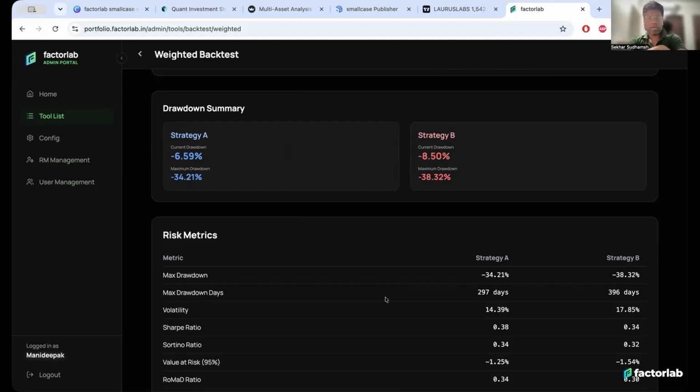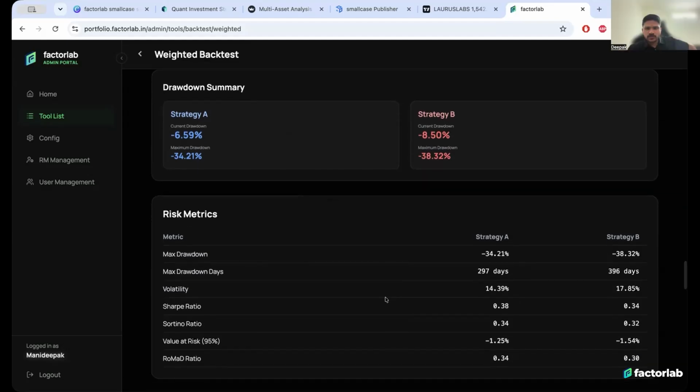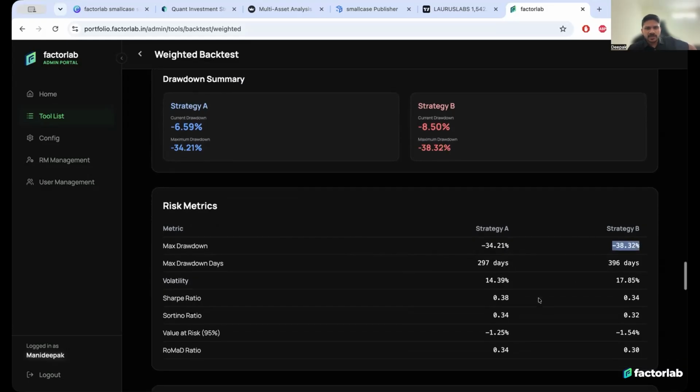Yeah, Deepak, you can. So I'm just straight away moving to the risk metrics here. The drawdowns are slightly lesser compared to purely Nifty 50, right? And the volatility as well has dropped by more than 4 percentage points here. So overall, your Sharpe ratio and Sortino ratio have become slightly better.